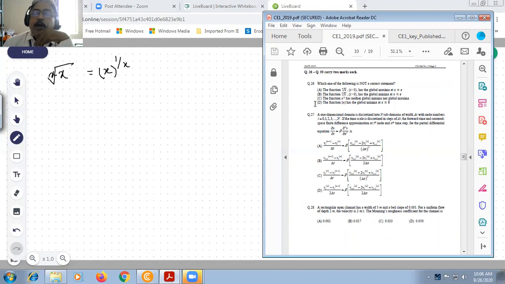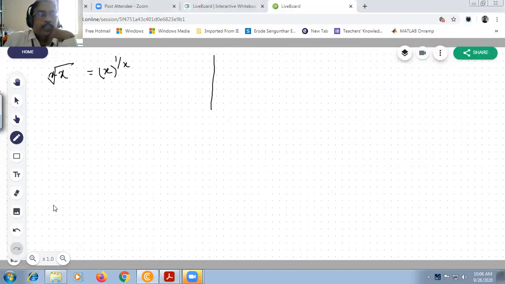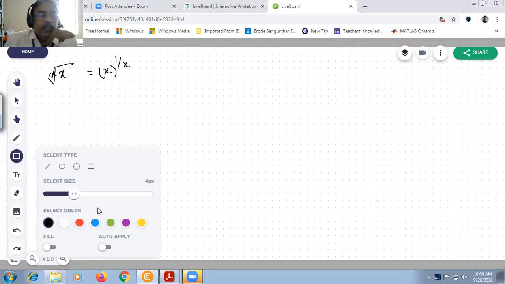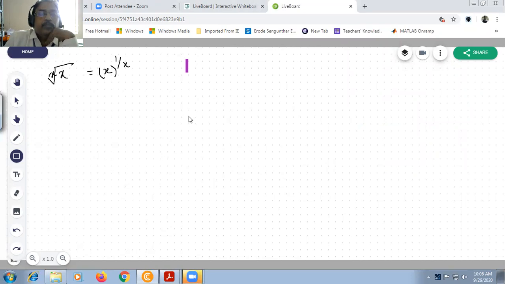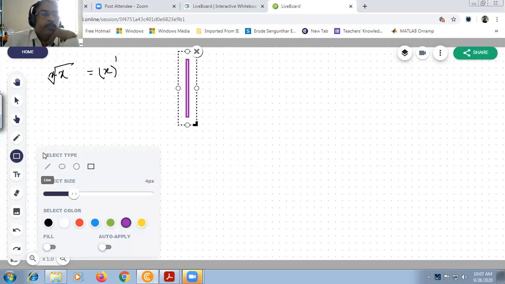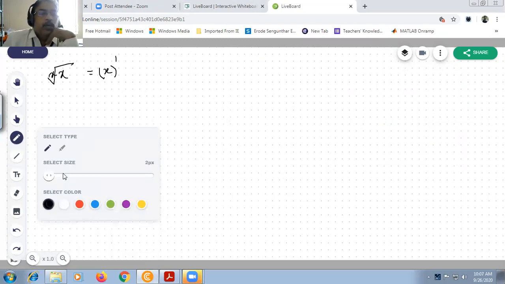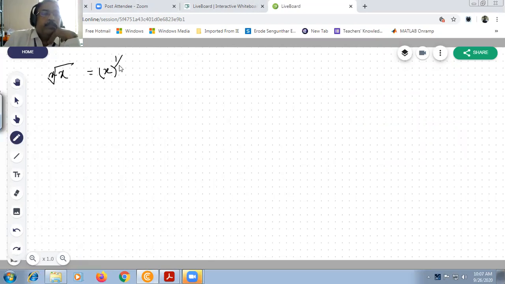What is mod x? Mod x is a curve. We will do this by drawing the curve for mod x.